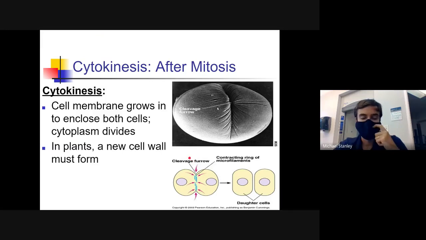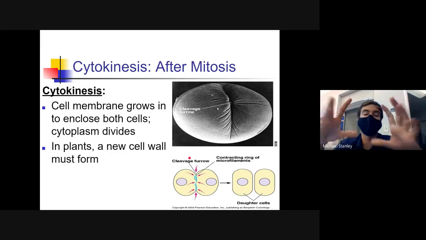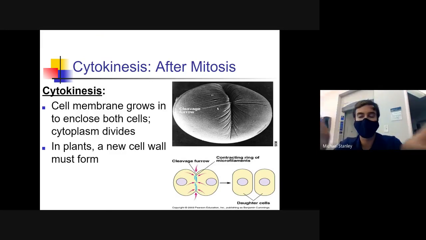So before this, we had one big cell with two sets of chromosomes on either side that was still attached by like a little piece in the middle. Cytokinesis is where we snip that piece and the two cells become individual, brand new, identical diploid cells.